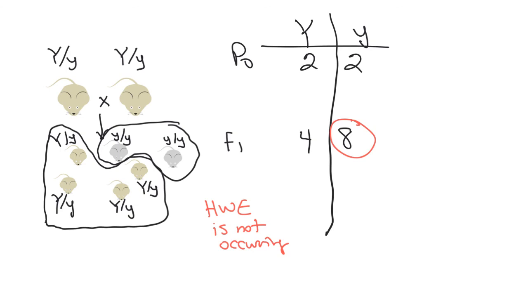This is, in other words, evidence that there's something wrong with some individuals, specifically that carry the capital Y allele, that they are less frequent in subsequent generations. So to reiterate, the reason that Mendelian ratios aren't observed in this yellow cross is because some combinations of alleles are lethal. Capital Y homozygotes are not surviving to be counted in offspring litters.